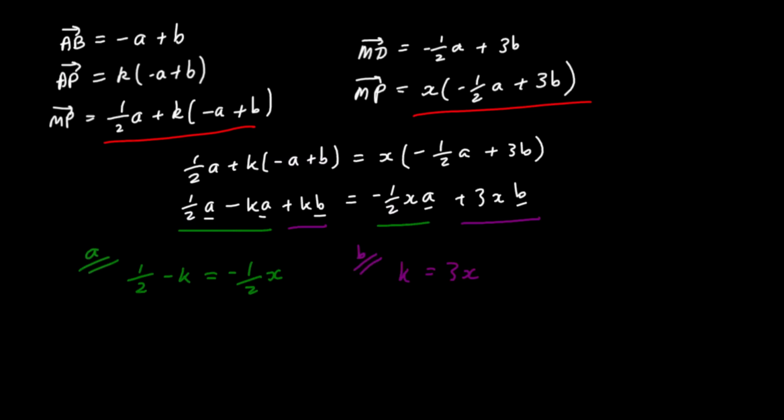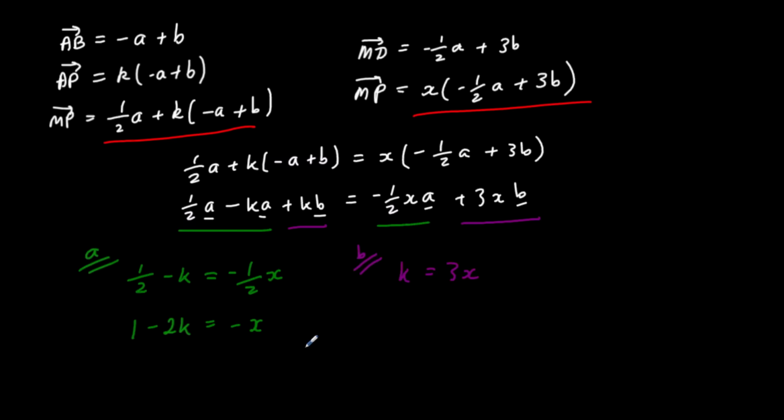So if I double everything on this equation, so double every term, so 2 halves make 1, 2k's are 2k, and 2 minus a halves make minus 1. So I've got 1 minus 2k equals negative x.